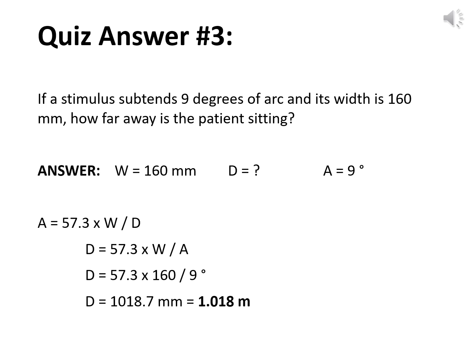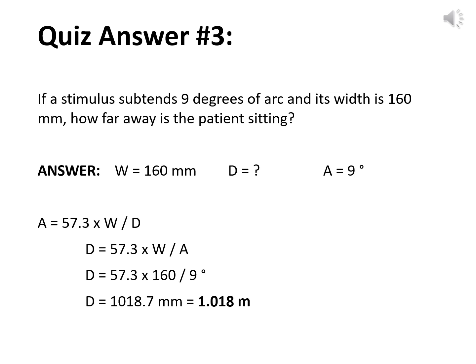To help us decide which formula to use, we note that the angle is given in degrees, and because it's in degrees, we know that it's the large angle formula. So we're going to start by writing down the large angle formula. A equals 57.3 times W divided by D.